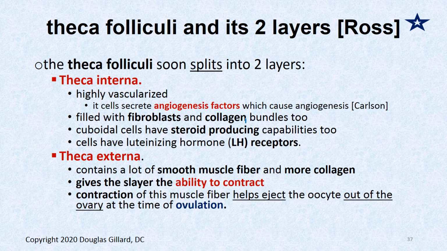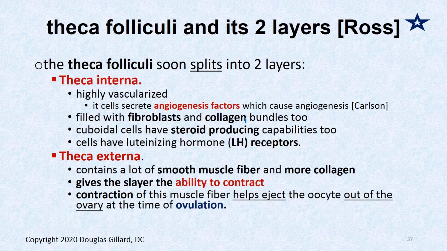There's the theca interna, which is a lot of blood vessels. The cells in there secrete angiogenesis factors. And it's got collagen and fibroblasts in there as well. But these cells have the ability to produce steroids, as well as they have receptors for luteinizing hormone. The theca externa is the external part. This is really important.